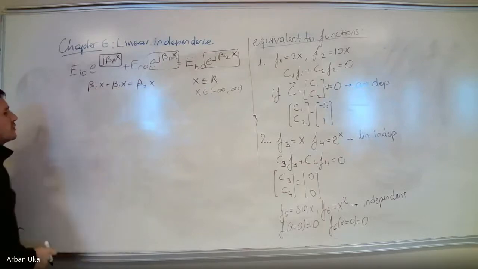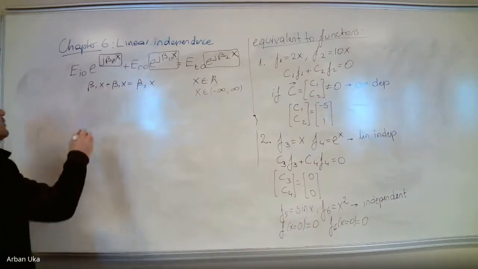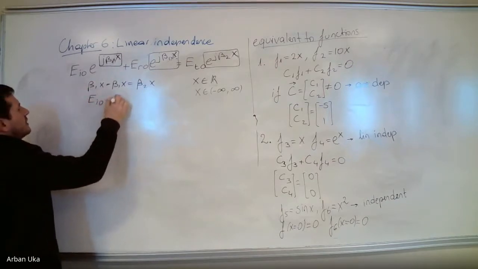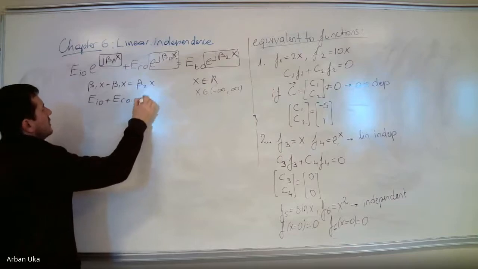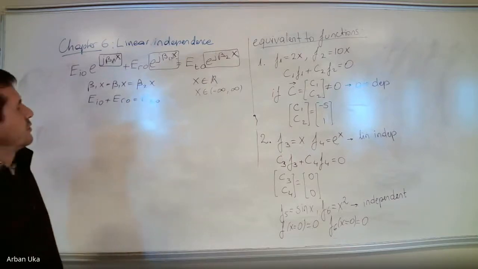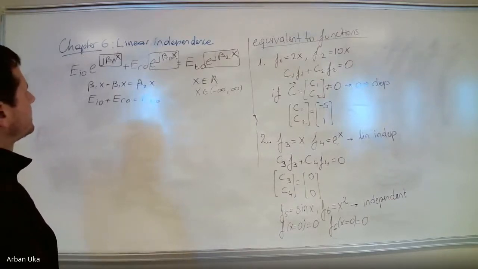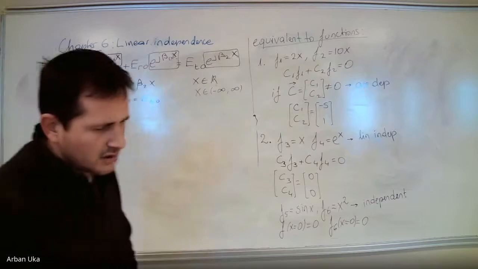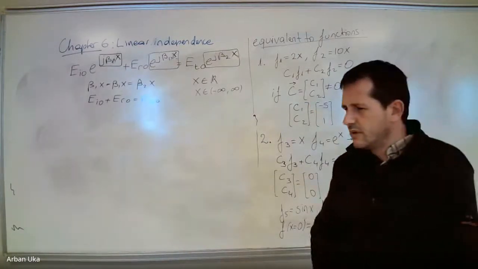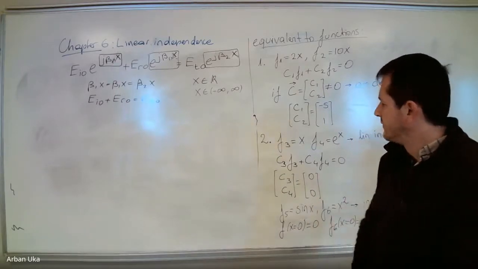So we can conclude some important relationships here, and we can also say that this coefficient E_I0 plus E_R0 would be equal to E_T0. This is how we are forced to conclude these relationships. So we can use the idea of linear independence to conclude such an answer.